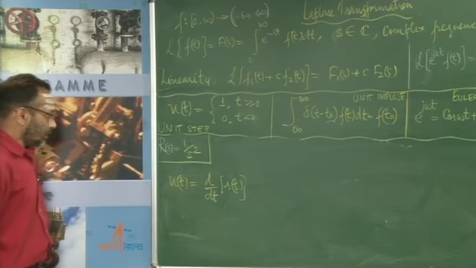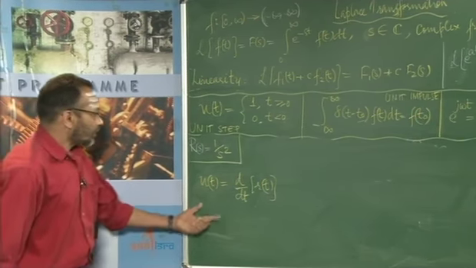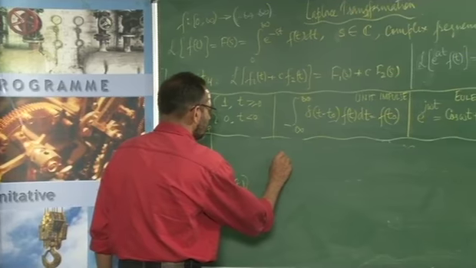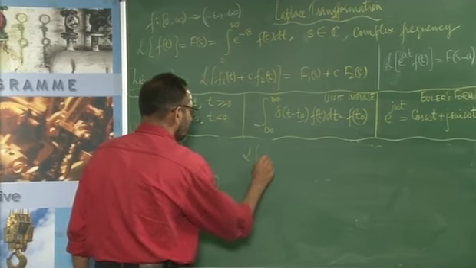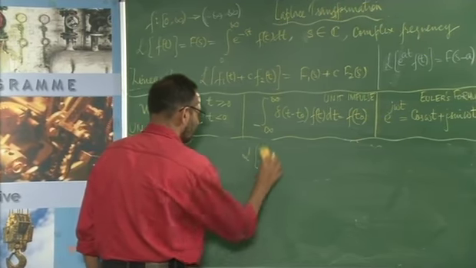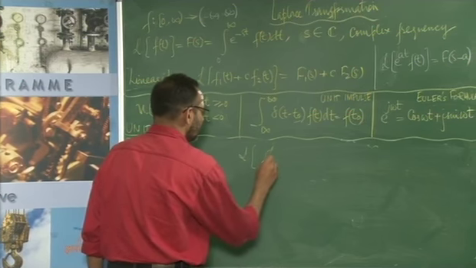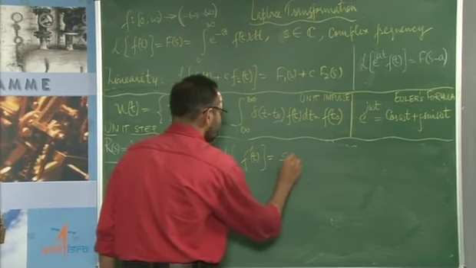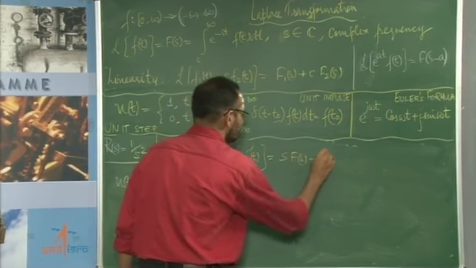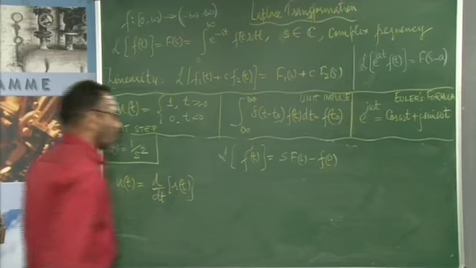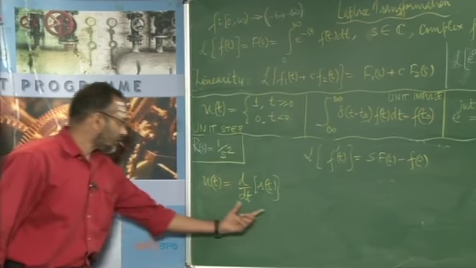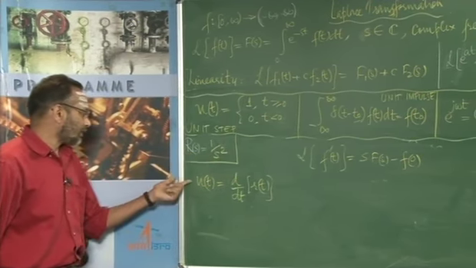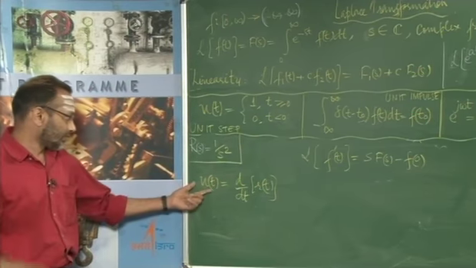Now, you also saw that the Laplace transform of the differential of f of t, which I will call f dash of t, is s times f of s minus f of 0. Now, through this, let me try and get the differential for this.